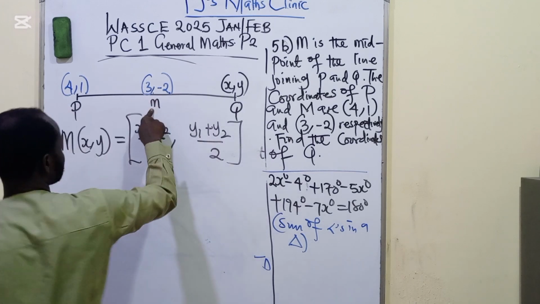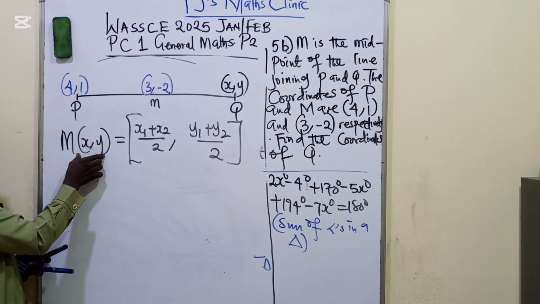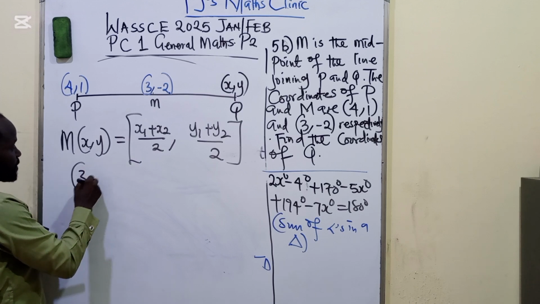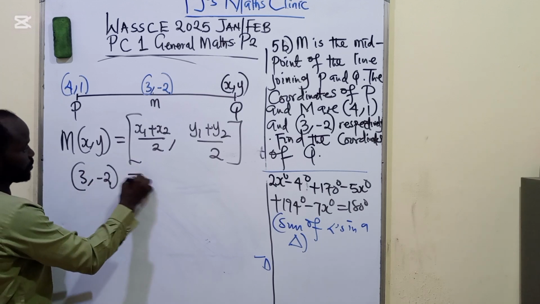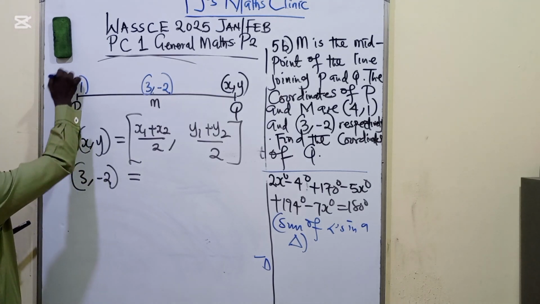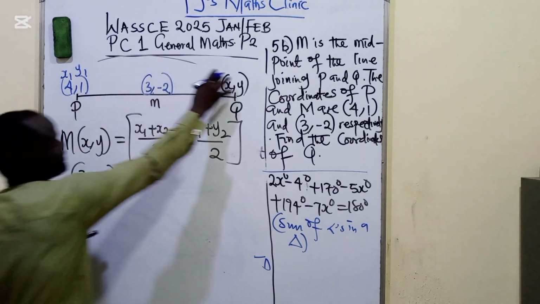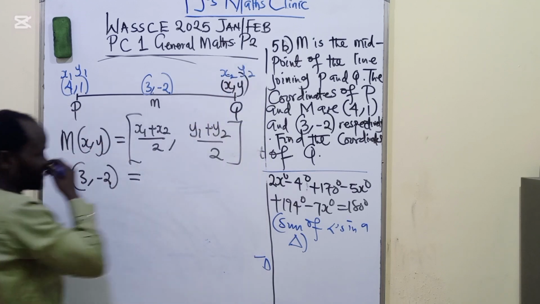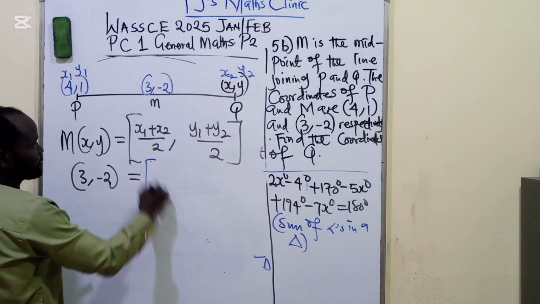The midpoint in the middle is given, which means the x value and y value is given. So we have 3, minus 2 now equals, this is our x1, y1, and this is our x2, y2. Let's substitute and see.